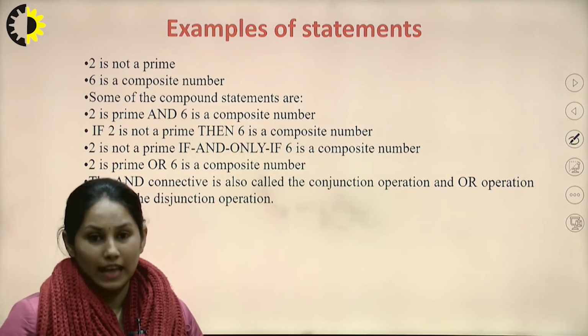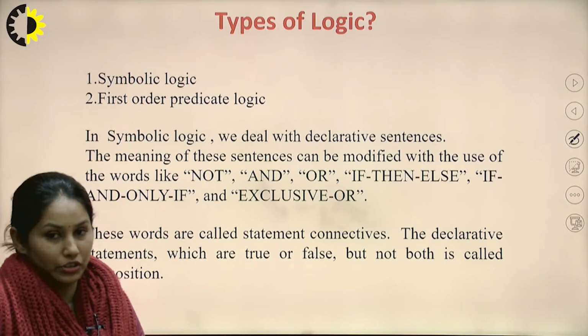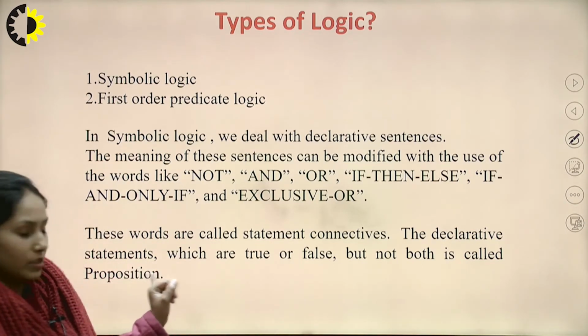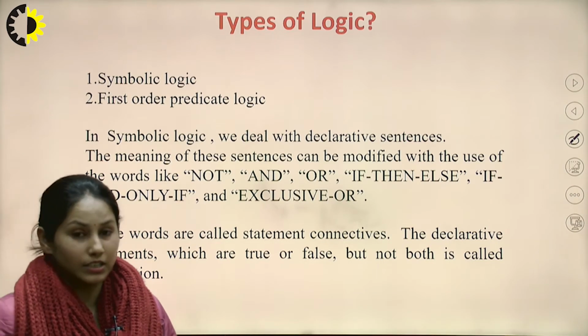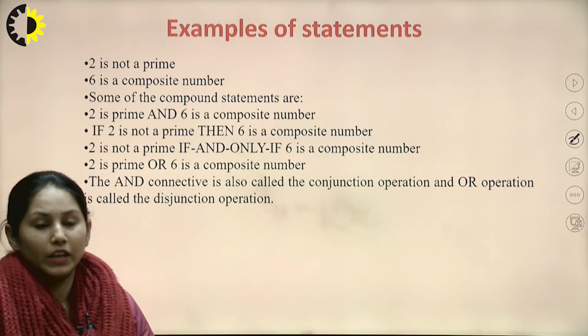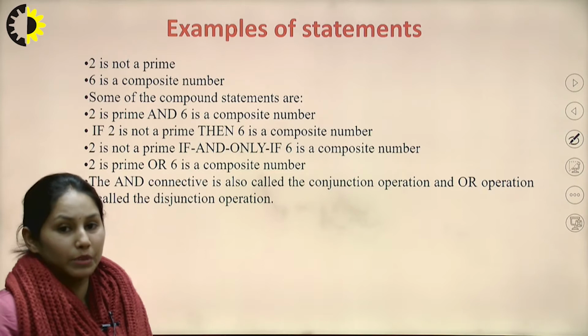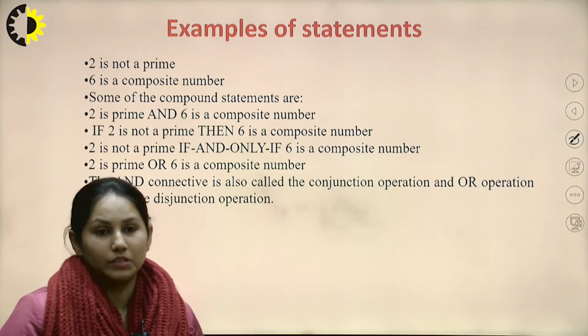In the last slide, I already mentioned that declarative statements which are true or false, but not both, are known as propositions. The third example is: some of the compound statements are.